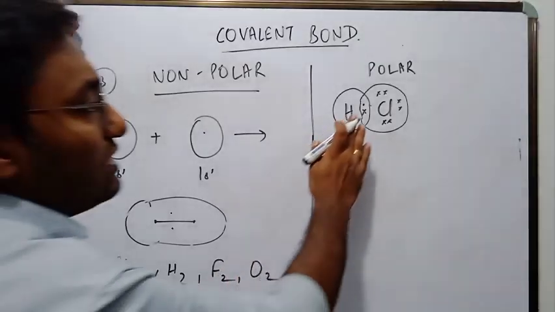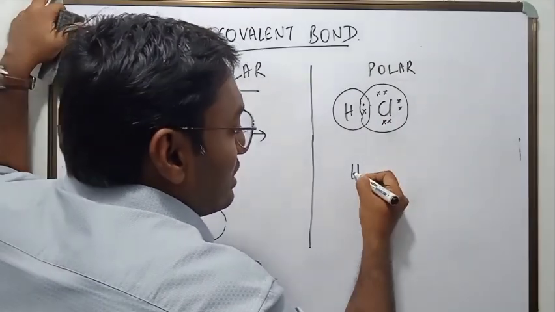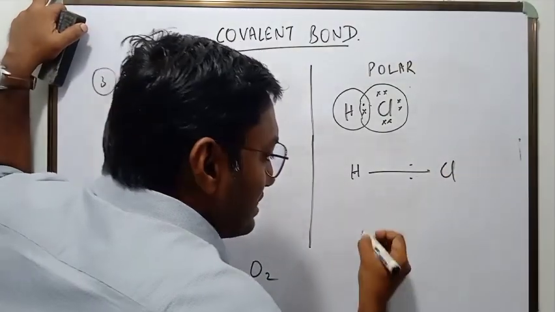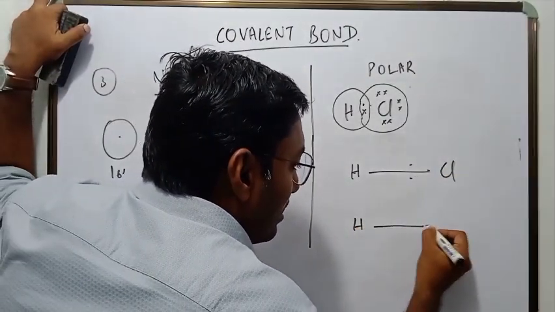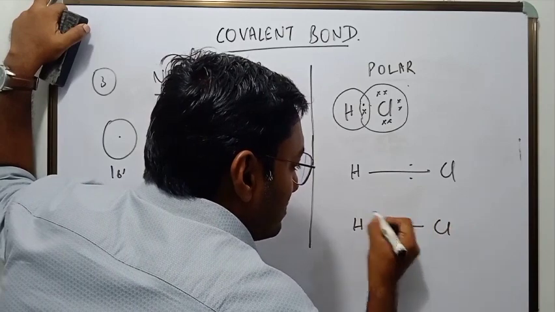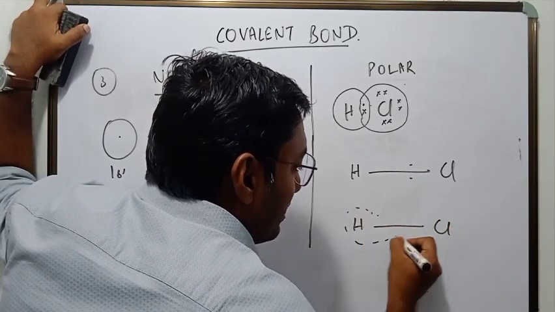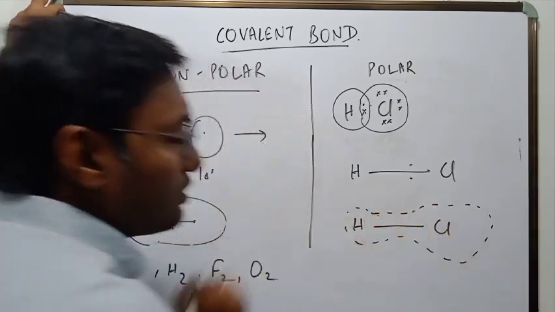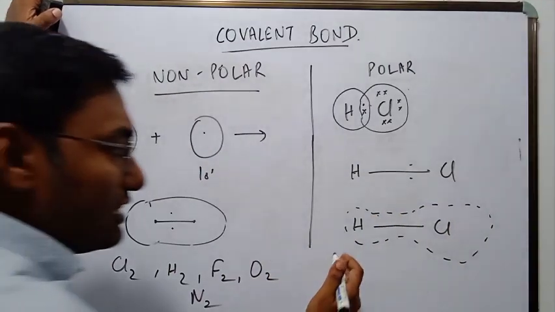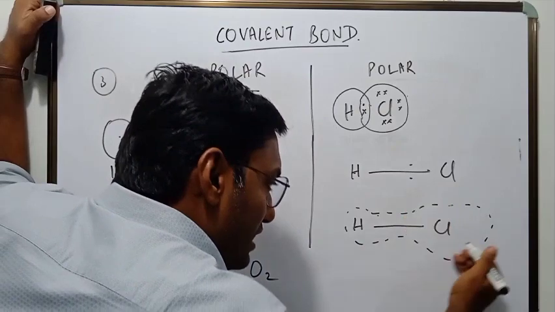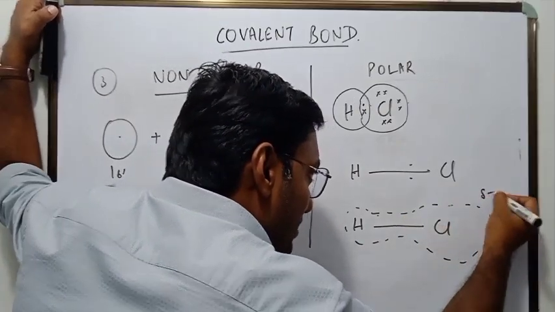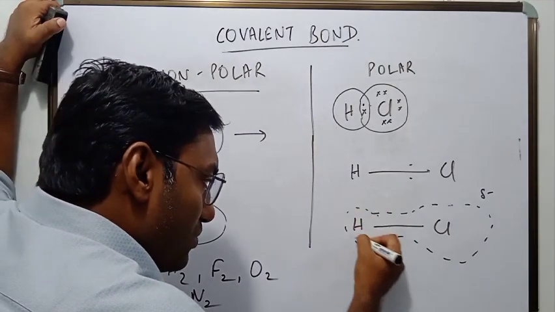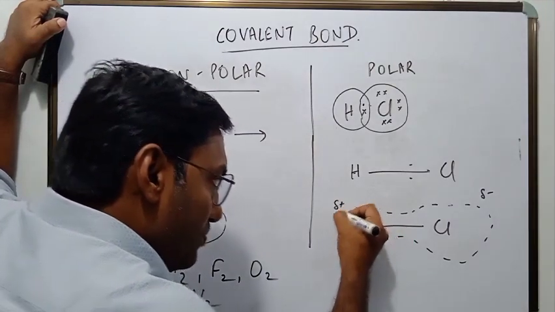It was more towards chlorine, and as a result the electron cloud was oriented towards chlorine. The region around the electronegative chlorine developed negative charge, and the region around the electropositive hydrogen developed positive charge.